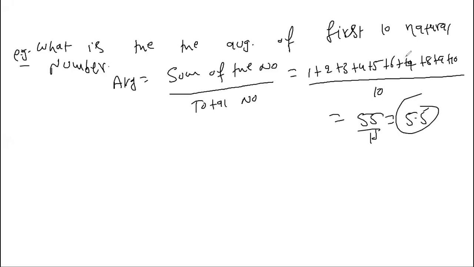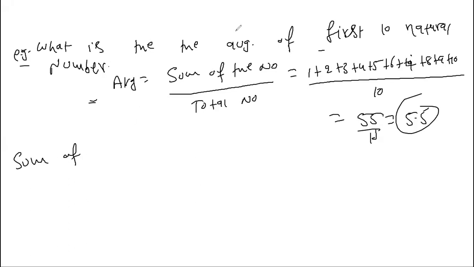But these were only 10 numbers. If I gave you 100 natural numbers, then how are you going to add 1 plus 2 plus 3 up to 100? It becomes very calculative, no? So remember one thing.